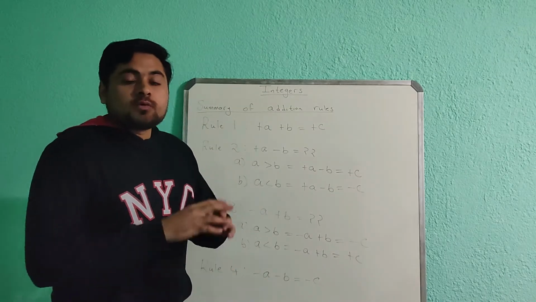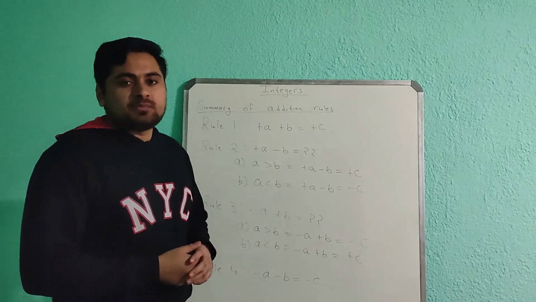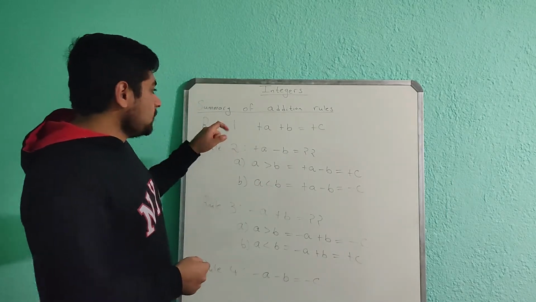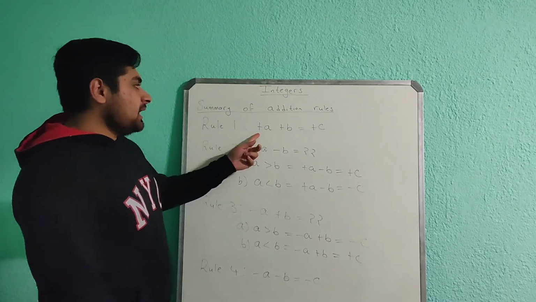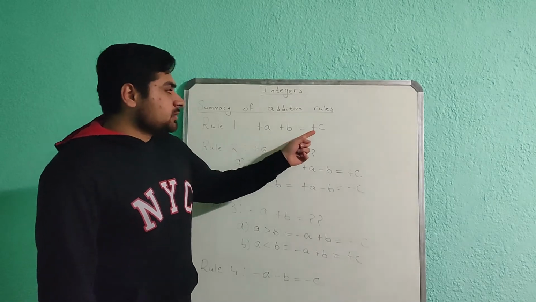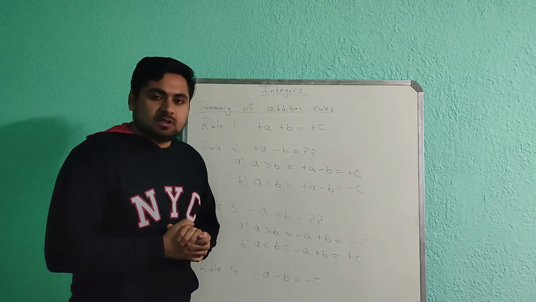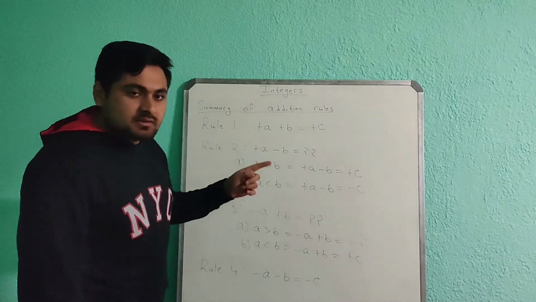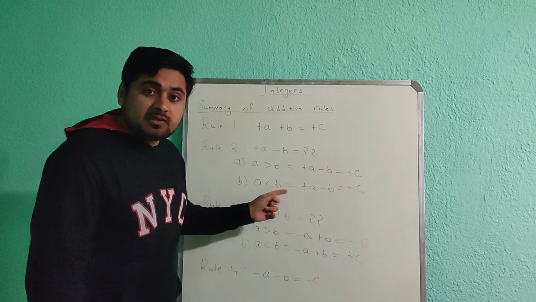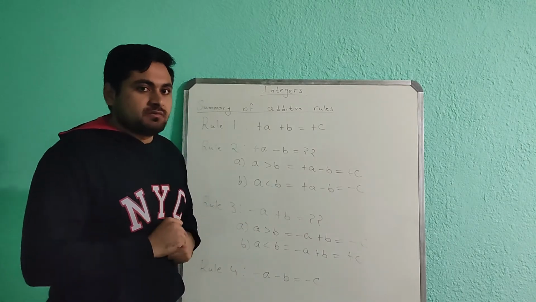Now that we have gone through all the rules, let's look at them in summary. So what was our rule 1? The rule 1 said plus A plus B is equal to plus C. One thing I would like to point out on these rules is, here what matters are the signs. The numbers that you use will always be positive.